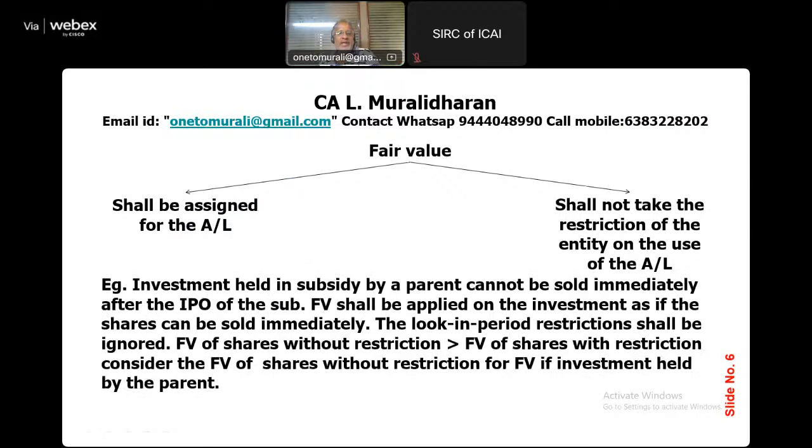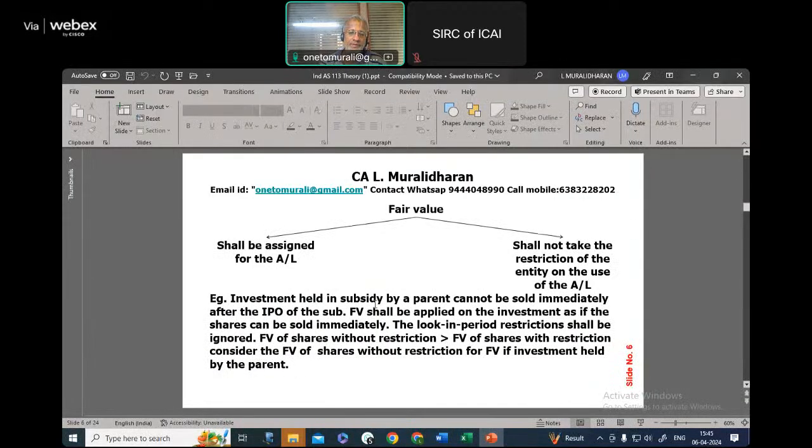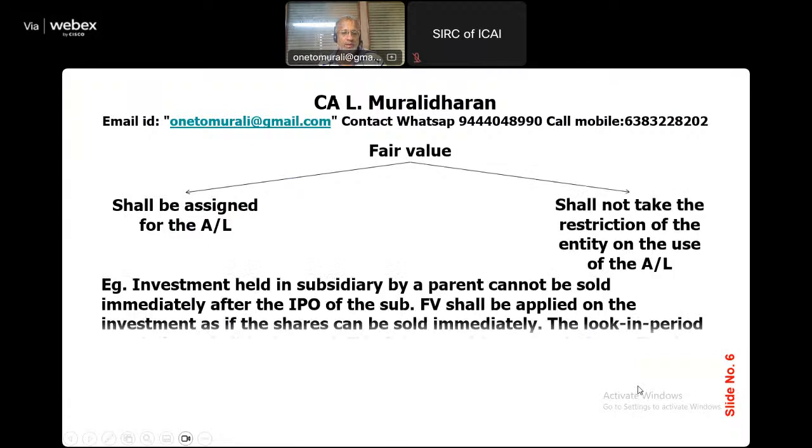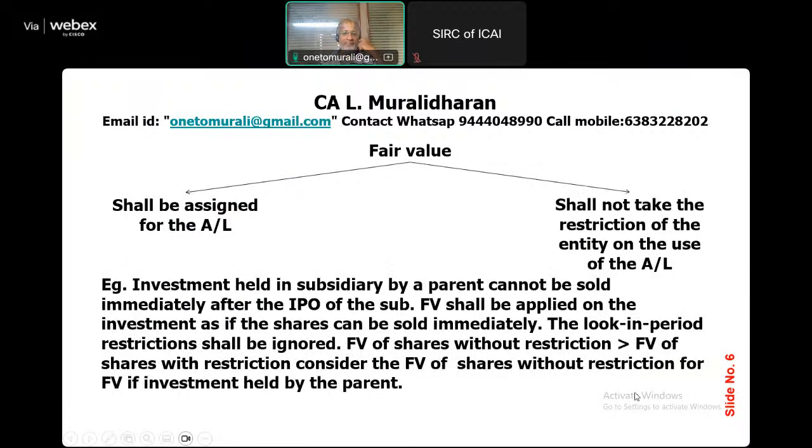So an investment held in a subsidiary cannot be sold by a parent immediately after the IPO of the subsidiary. Fair value shall be applied on the investment as if shares can be sold immediately.